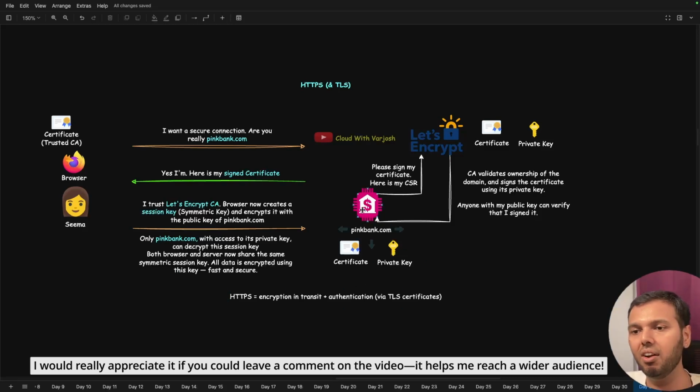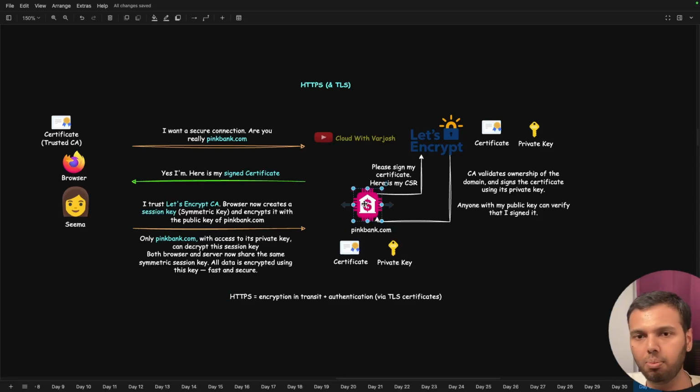So here we have pinkbank.com, and pinkbank.com has a certificate and a private key. They could have used OpenSSL to generate this key pair. Then there is Let's Encrypt. Let's Encrypt is a public certificate authority that can be used to sign your certificate. Let's say the Let's Encrypt certificate authority also has a key pair, a certificate and a private key.